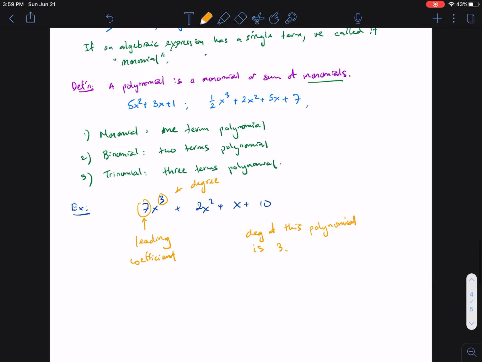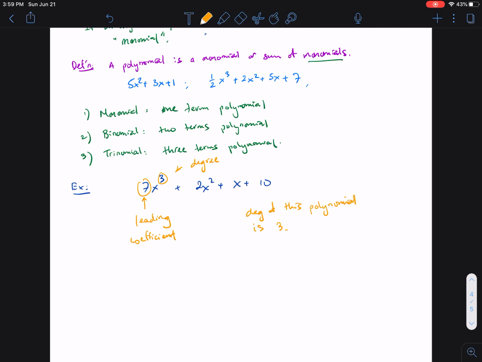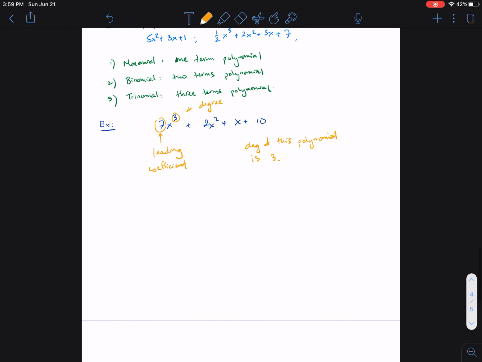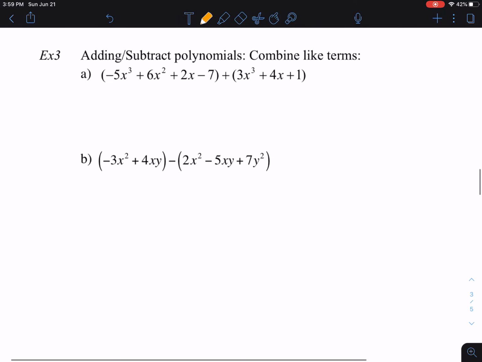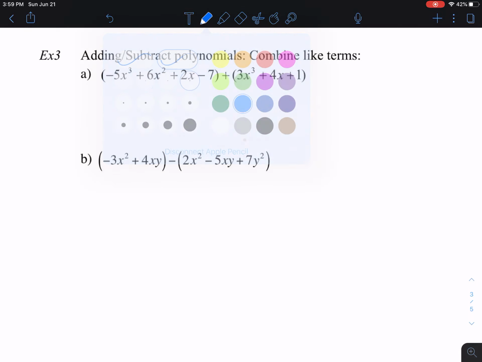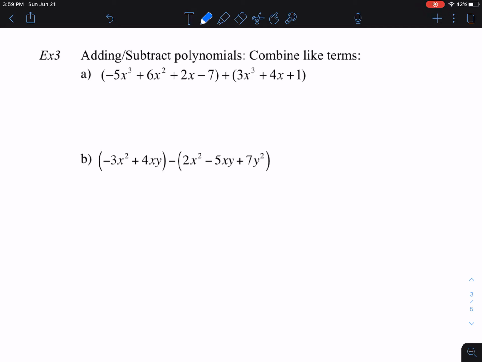What we can do with polynomials is add and subtract them. That's just combining like terms, which we learned in the previous class. So let's say we have this example here. We have this polynomial added to this polynomial.